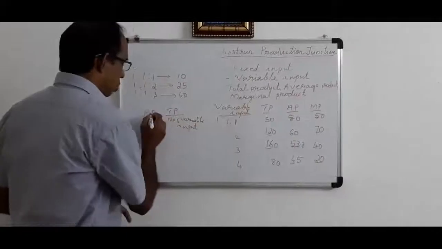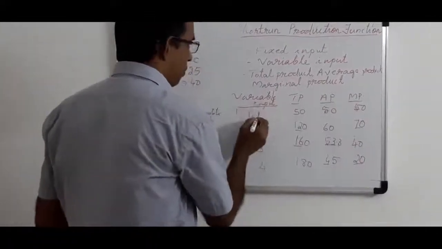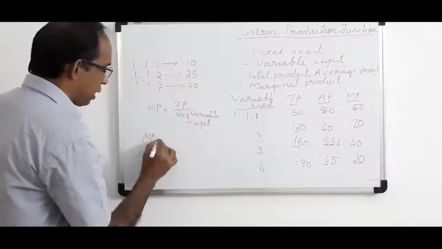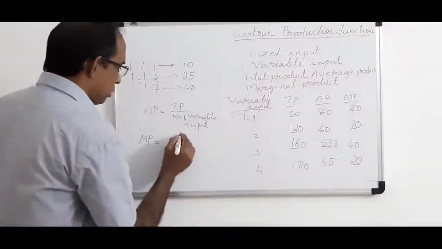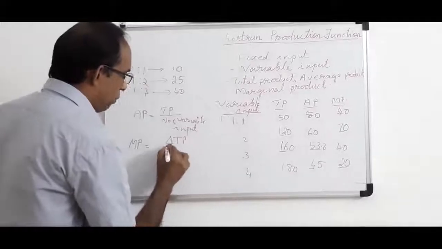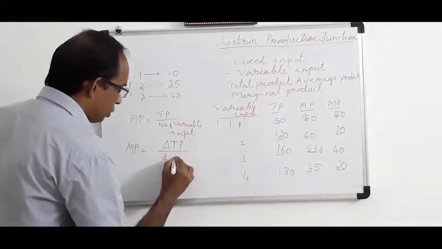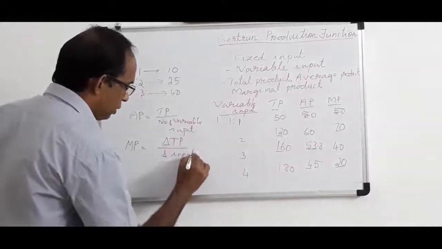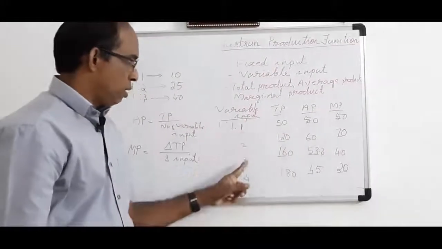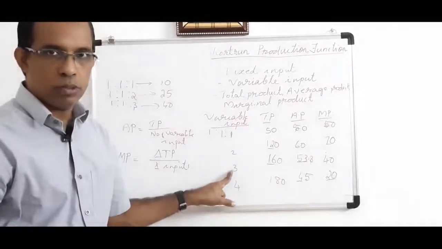Average product is TP divided by number of variable inputs, and there is also a formula for calculating marginal product. Marginal product is change in TP divided by change in inputs. Suppose you are asked to calculate marginal product when he uses 3 variable inputs.